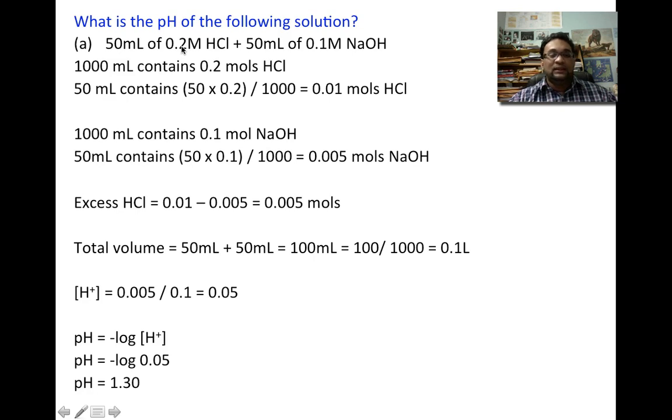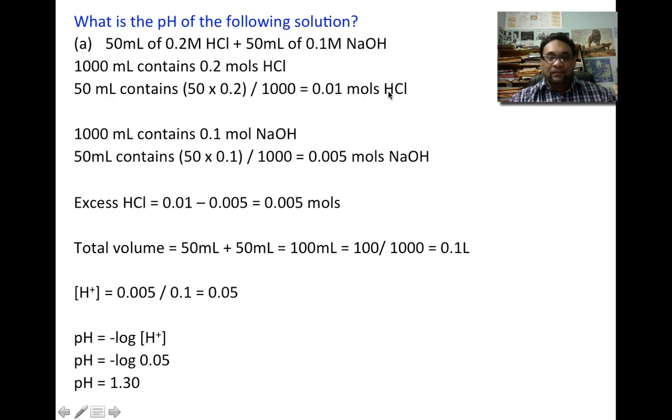0.2 molar HCl. Now, 0.2 molar means that in 1,000 mils, there will be 0.2 moles HCl. So if 1,000 mils contains 0.2 moles HCl, then 50 mils will contain 50 times 0.2 divided by 1,000, and you get 0.01 moles HCl.